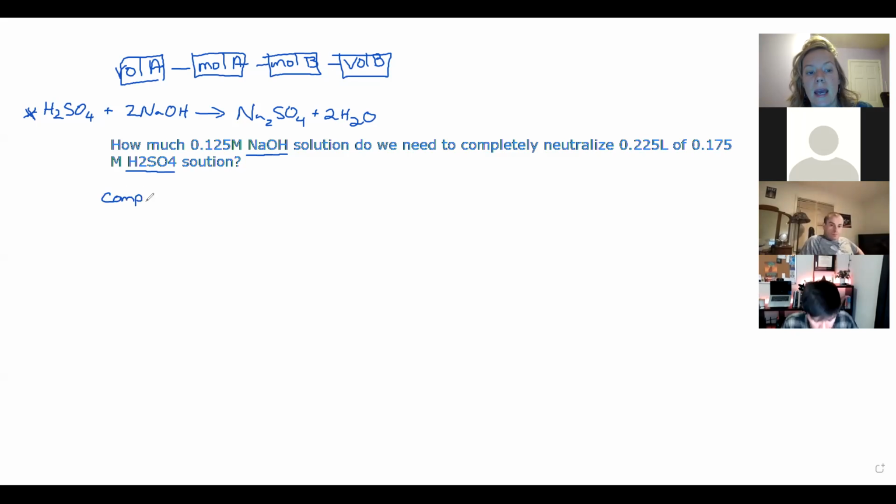Compound A for your problems is always going to be the thing you have two pieces of information on, or you have more information on. In our case, I have one thing about NaOH, but two pieces of information about the H2SO4. So in this problem, compound A is going to be the H2SO4. Now let's write out what that information is.